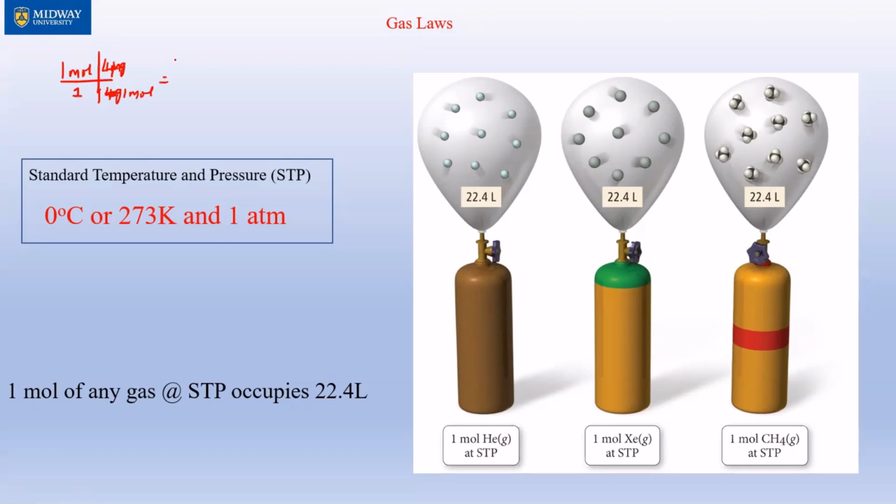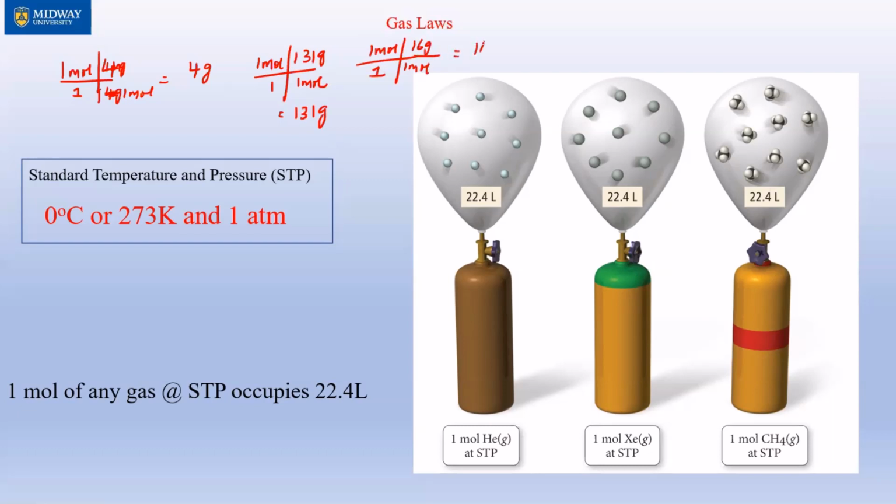So that'll be 4 grams, right? 1 mole of xenon is 131 grams per mole. So 1 mole over 1, 131 grams over 1 mole, and that'll be 131 grams. Methane is 16 grams, so 1 mole over 1, 16 grams over 1 mole, that's the molar mass of each of these gases, right?